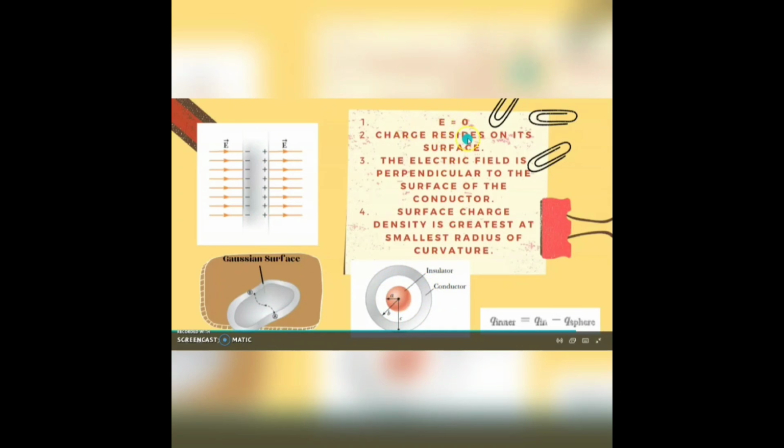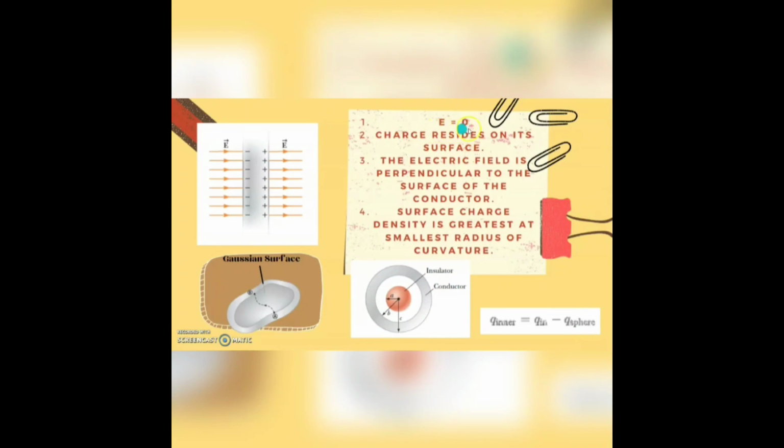At the Gaussian surface in the conductor, if it is in equilibrium, the electric field in the conductor will always be 0. The charge resides on its surface, and the electric field is perpendicular to the surface of the conductor.